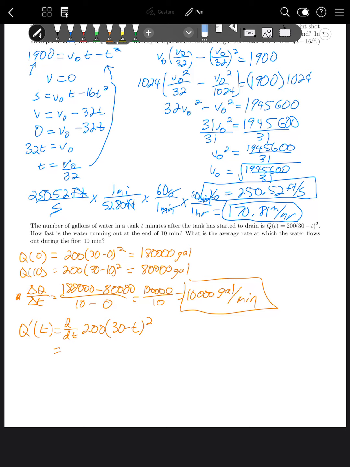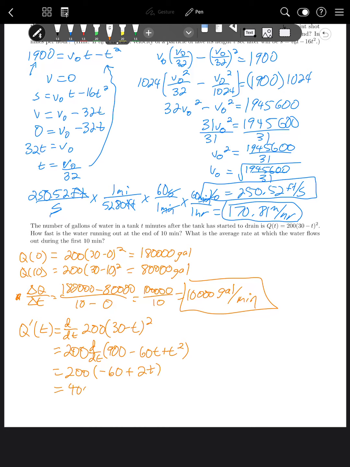We could actually use the constant multiple rule to bring the 200 out front. Then I need to multiply out this expression: 900 minus 60t plus t squared. And then we can take that derivative. So that's negative 60 plus 2t, and then multiply that by 200.